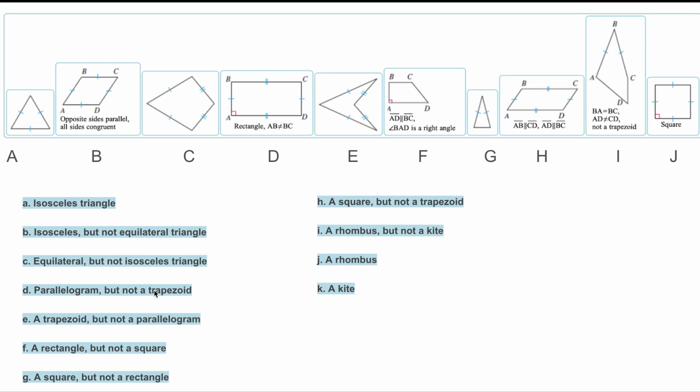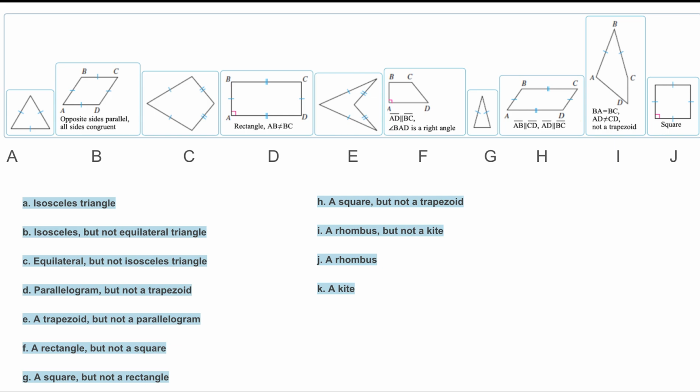How about a parallelogram but not a trapezoid? The definition of a parallelogram is that two opposite pairs are parallel and congruent. A trapezoid has at least one opposite pair that is parallel.